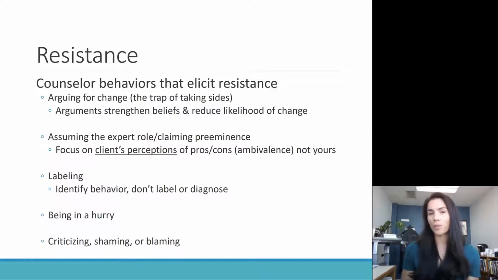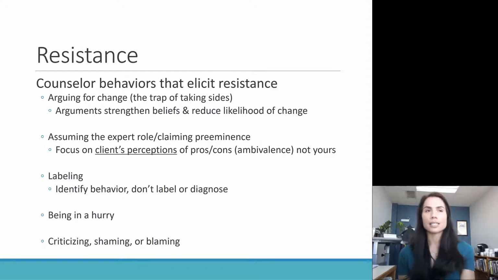Assuming the expert role, right? Claiming that preeminence, rather than focusing on the client's perceptions of pros and cons and not yours. So that's a tool we can use. Another thing that we sometimes do that elicits this resistance is labeling. If you identify a behavior and give them that label, that might actually upset the person, and you might get resistance from that.